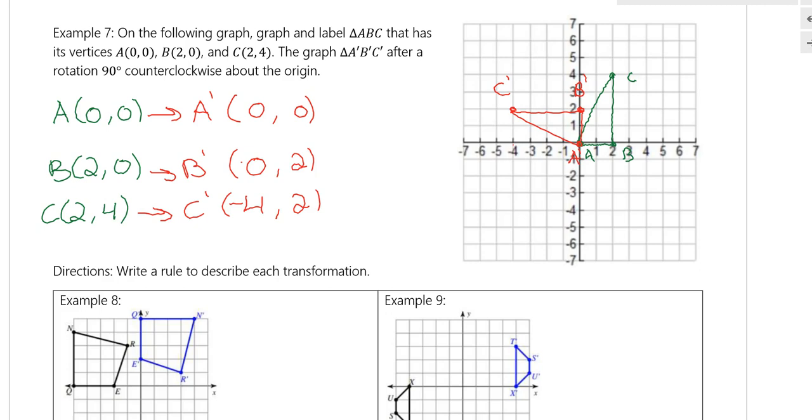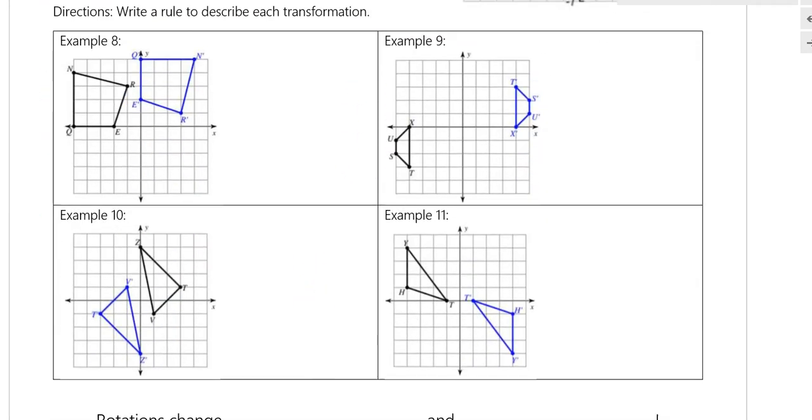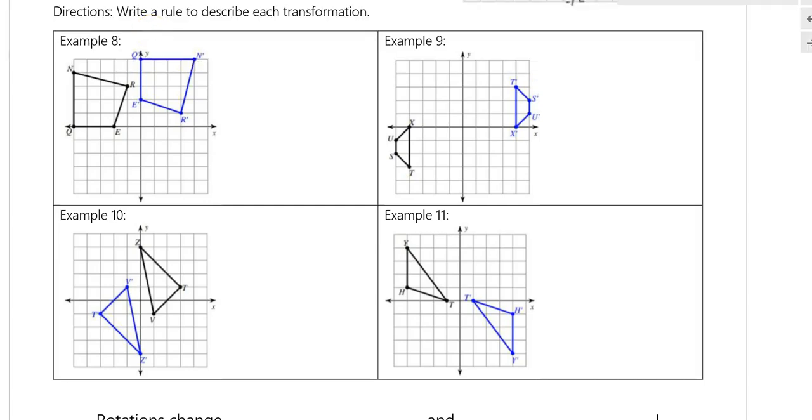All right, we are going to write a rule to describe each transformation. Looking at example 8, how did this rotate? Well, this is my pre-image, this is my image, so I'm going from here to here.